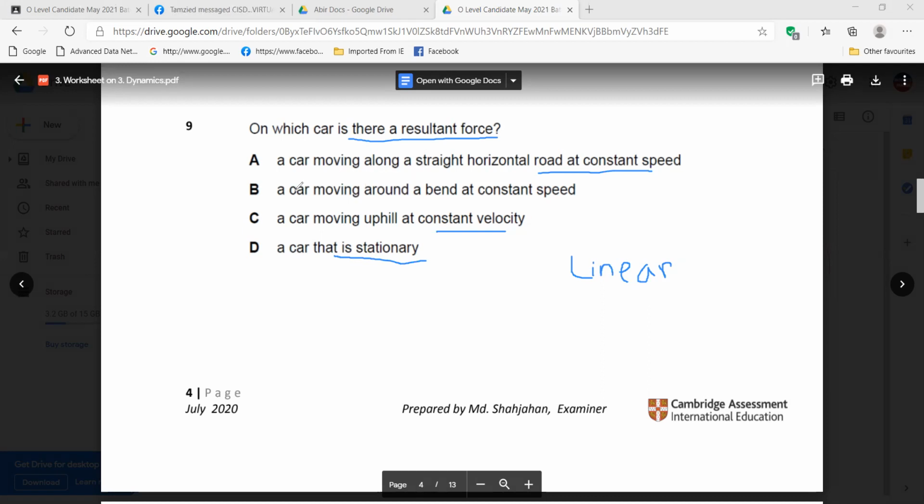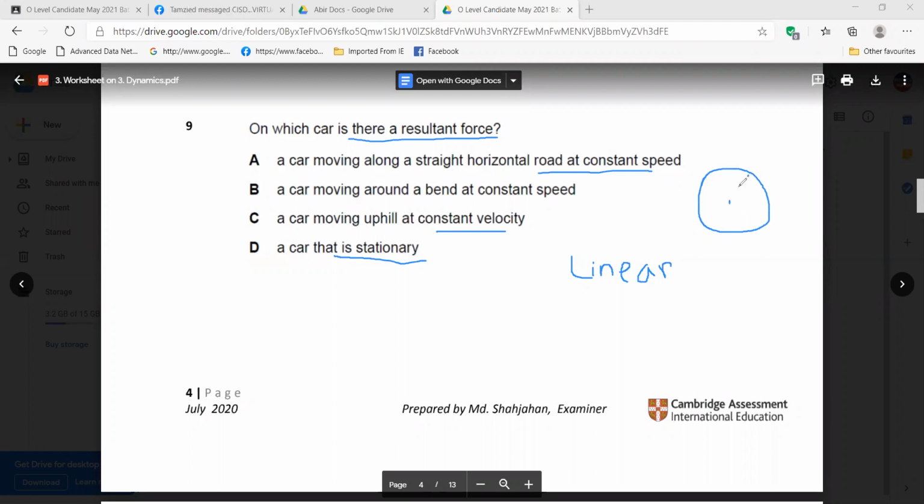So a car moving around a bend at a constant speed. So when the car, you know about circular motion, right? Yes, sir. So we gave one example during circular motion that when the car is moving in a curved path, it has circular motion, right?